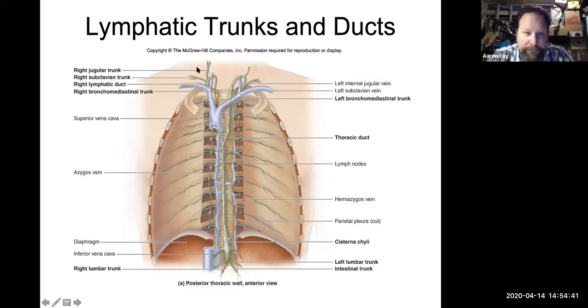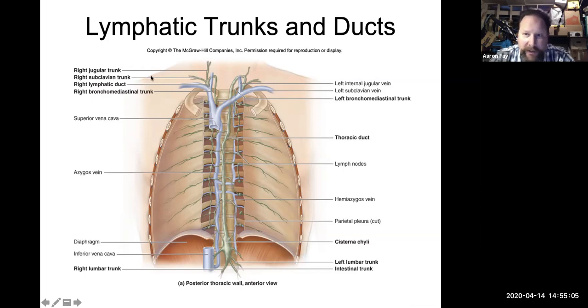And you can see that the right lymphatic duct is going to dump its fluid at the union of the internal jugular vein and the right subclavian vein. So that little Y, where these two vessels come together to form the right brachiocephalic vein, that's where you have the right lymphatic duct.